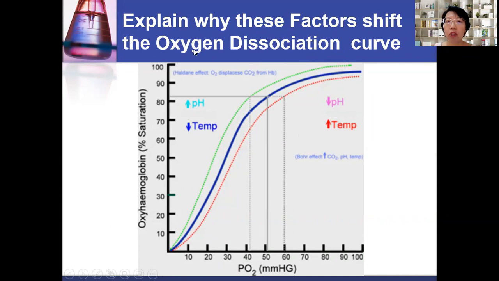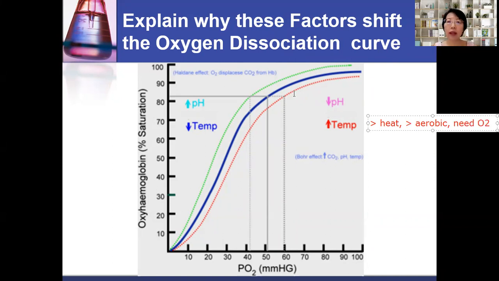Okay, temperature increases because there is a lot of heat being released, right? When you've got a lot of heat being released, it is because you've got a lot of respiration, because aerobic respiration produces energy in the form of heat plus ATP. So that means to say that you will need a lot of oxygen.